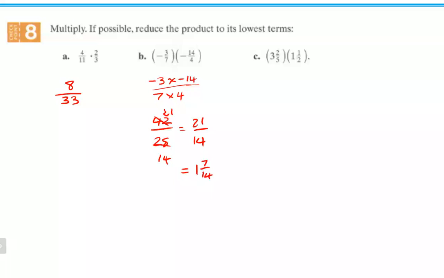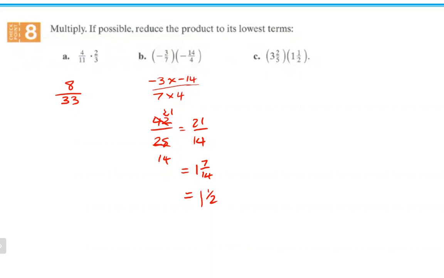Okay, can 7 go into 14? Yes. So you could still reduce it further then. So then that will be 1 and 1 over 2. Right, 1.5. Okay, thank you. All right, Miss Fernanda, what you got for C?